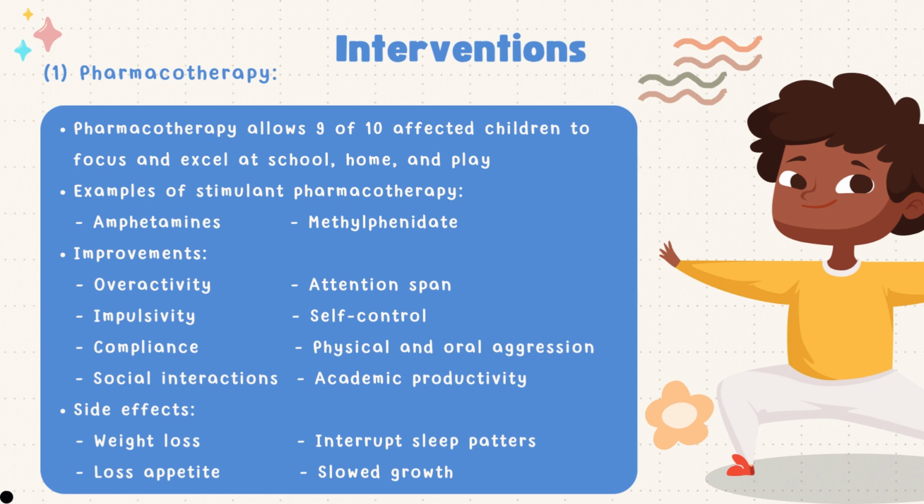Pharmacology treatment seems to improve overactivity, attention span, impulsivity and self-control, compliance, physical and oral aggression, social interaction with peers, and academic productivity and accuracy. However, there are some side effects of these drugs, including weight loss, loss of appetite, interrupted sleep patterns, and in some children, slowed growth.